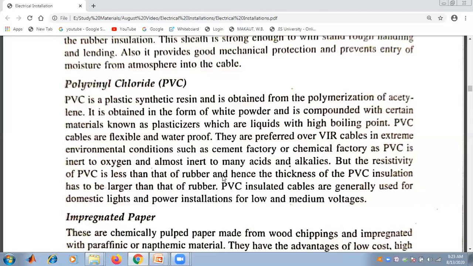But the resistivity of PVC is less than that of rubber, and hence the thickness of the PVC insulation has to be larger than that of rubber. PVC insulated cables are generally used for domestic lights and power installations for low and medium voltage.